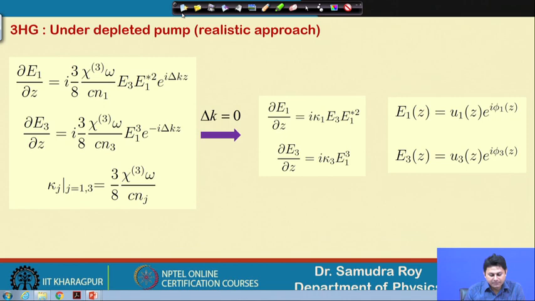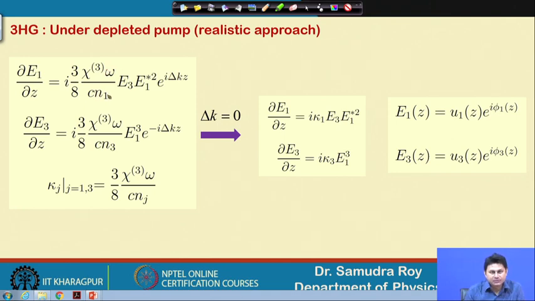To make life simple, we consider delta k equal to 0, that means with the absolute phase matching condition. So, this equation basically simplifies to these two forms. Kj is basically the coefficient that contains all these terms, 3 by 8 kappa 3 omega c n 1.